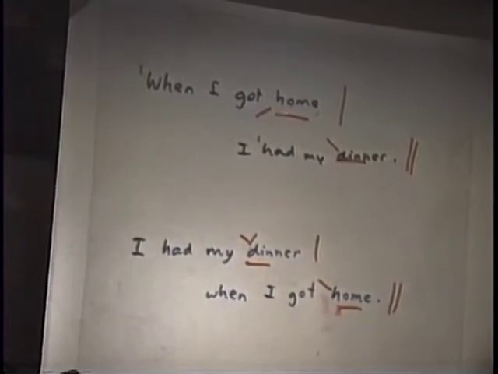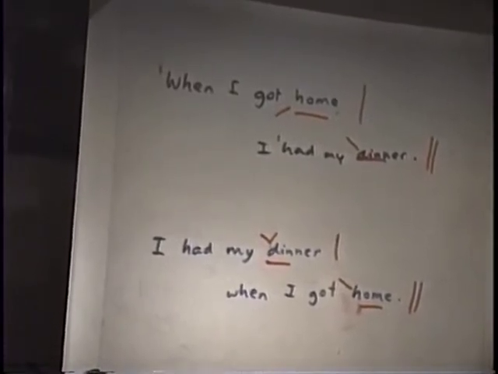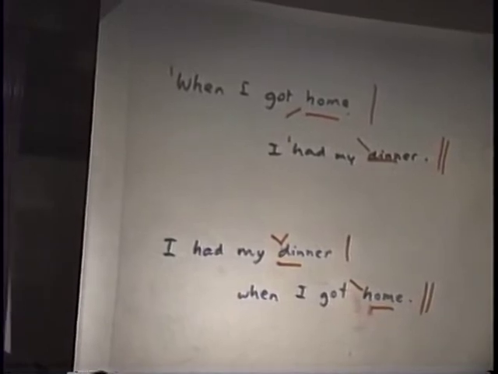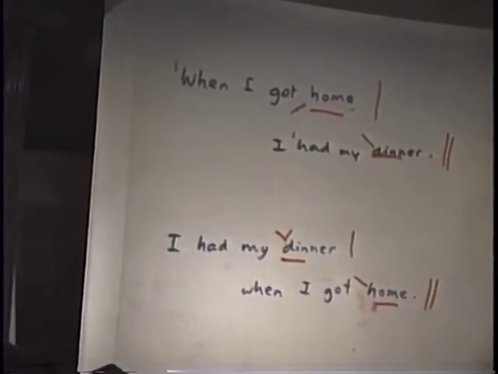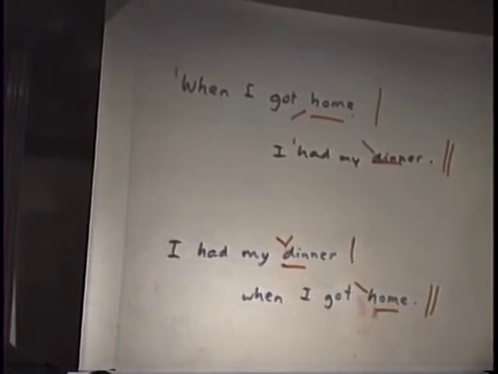Now there the subordinate clause, the when clause, the adverbial clause of time at the beginning, that has a rise on its nucleus, home, because it's not final. It means there's more to come. The main clause, nucleus dinner, that is final, and so that gives you the fall to say we've come to the end. And that's a very typical sequence. Rise, something to come. Fall, we've got there.